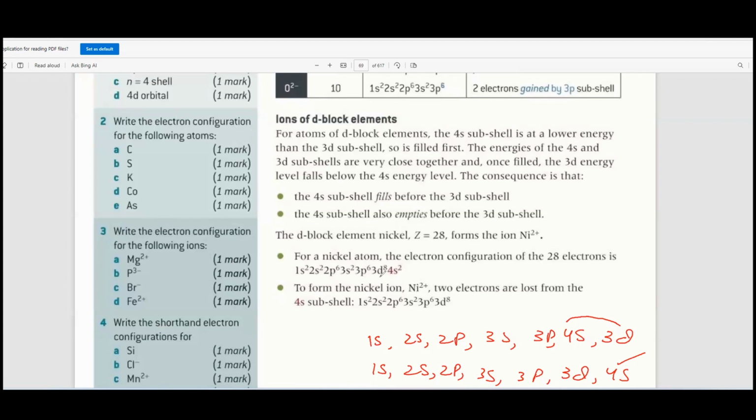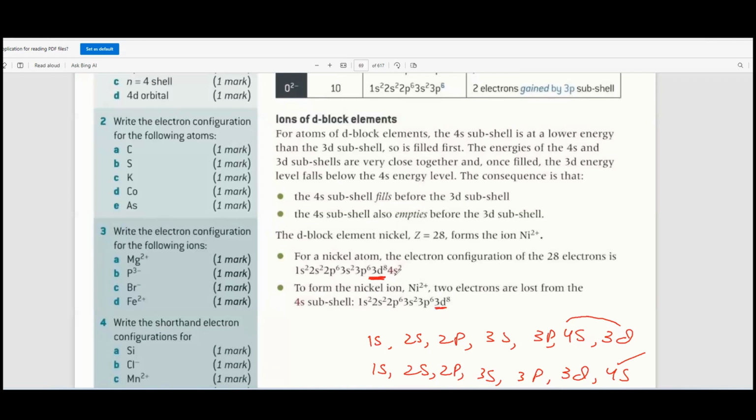How many electrons can d occupy? D can occupy 10 electrons. It's not filled completely. So I think even if it has one electron in it, it will be below 4s in energy level, because still it's not filled completely, and they have treated it like this.